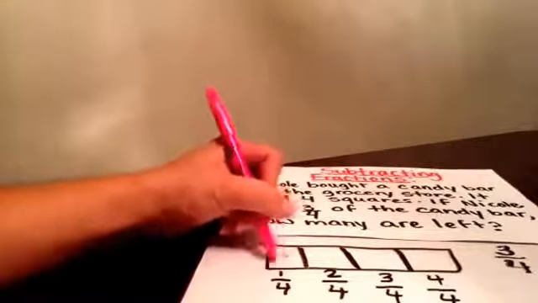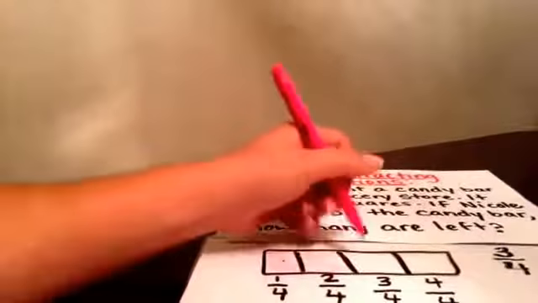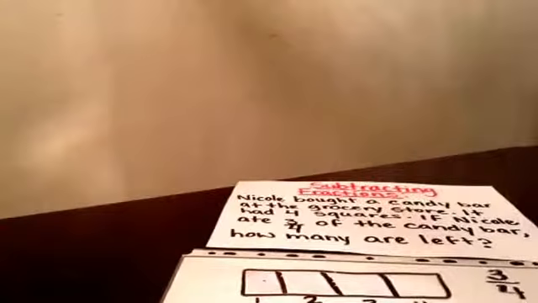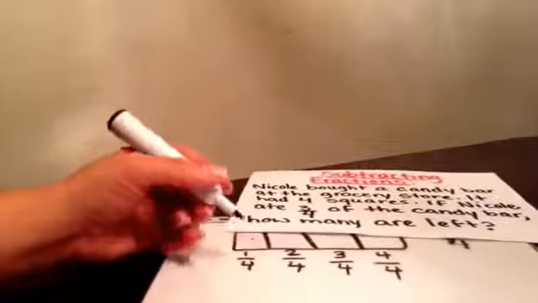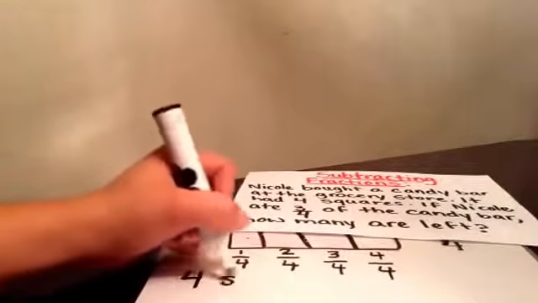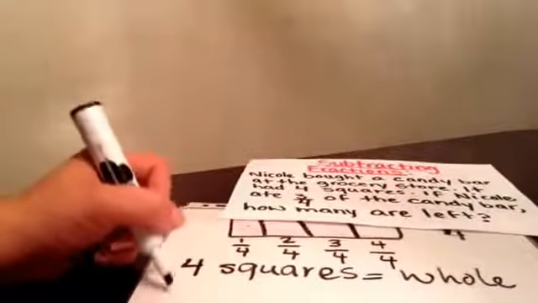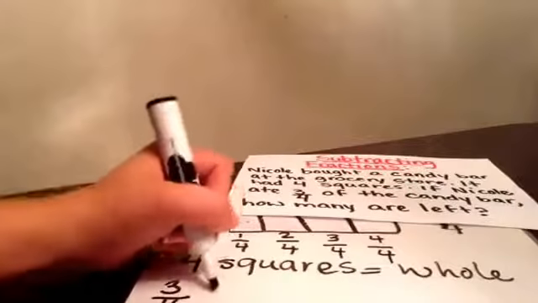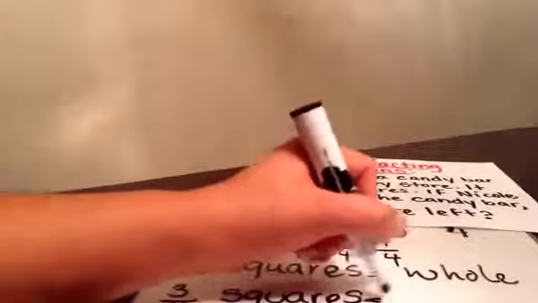So 1, 2, 3. So 4 squares equals the whole, and 3/4 equals part of the whole.